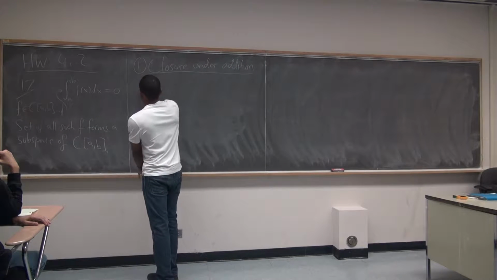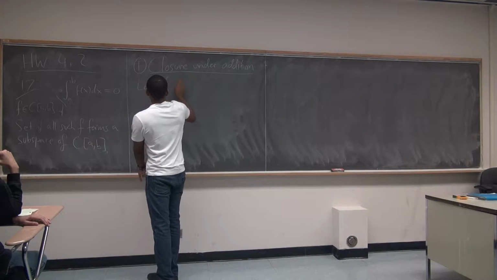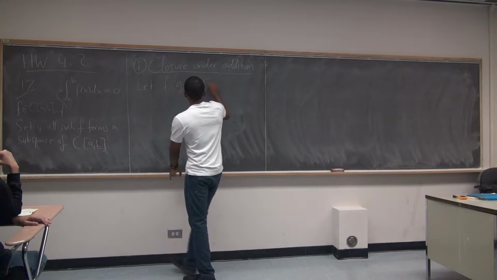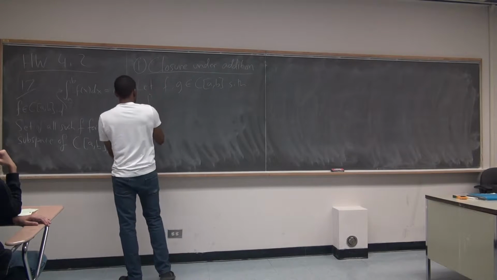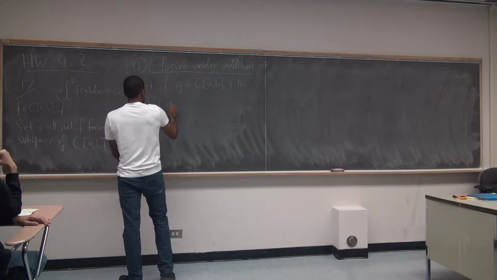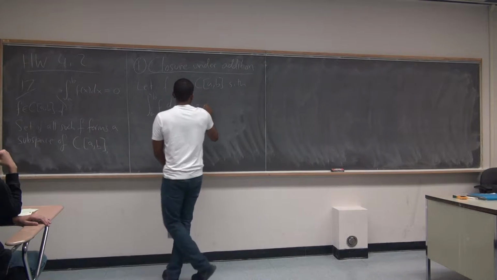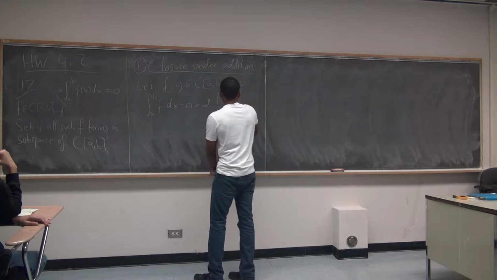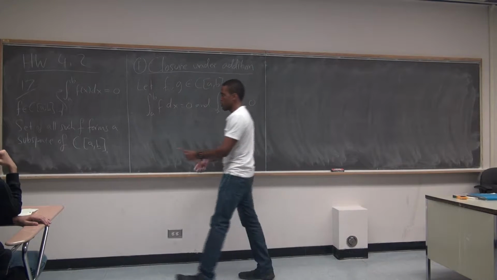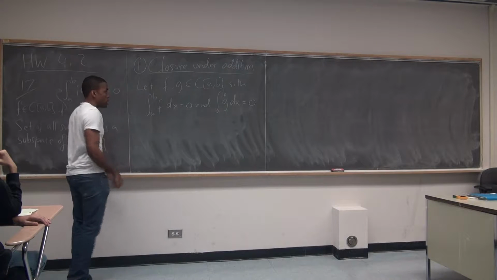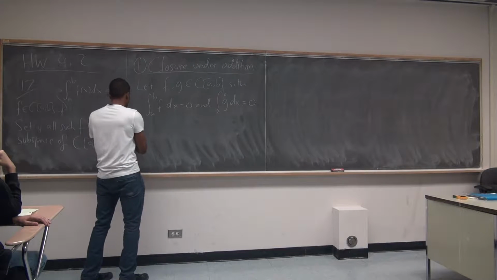So basically, let f, g be functions in this set such that the integral from a to b of f dx is equal to 0 and the integral from a to b of g is equal to 0. So I picked two elements in this set that have this property. I want to show that their sum has the property.